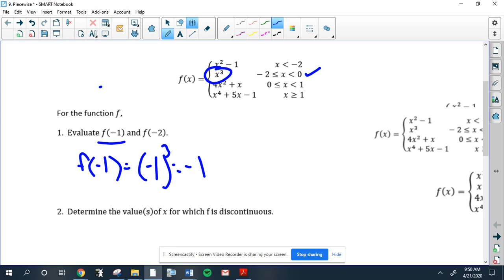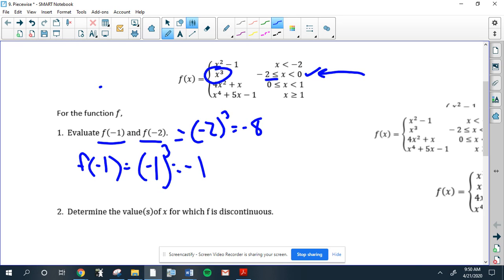That's pretty simple. Next one quickly, f of -2, you have to figure out what piece does -2 exist at, and it turns out to be the same piece because of that or equals to right here. So f of -2 is -2 cubed, which is -8. So that's pretty basic.